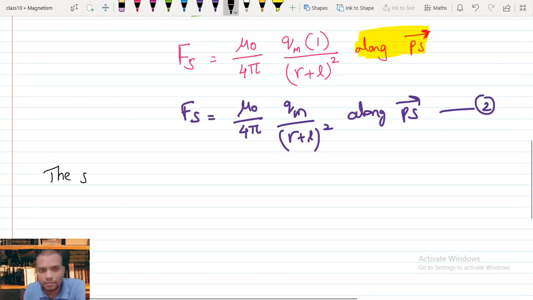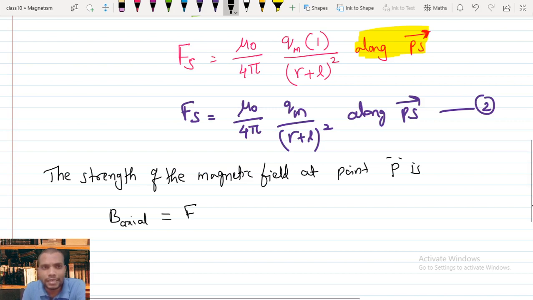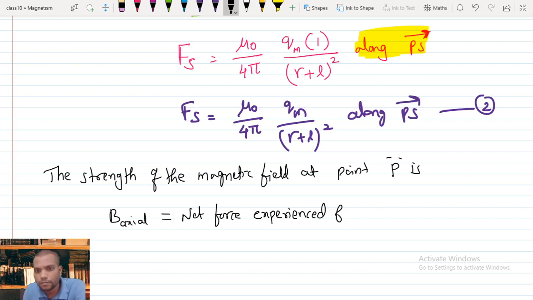Therefore the strength of the magnetic field at point P, that is the magnetic field due to axial, equals the net force experienced by the unit north pole.